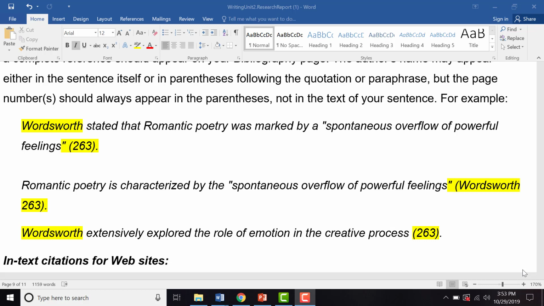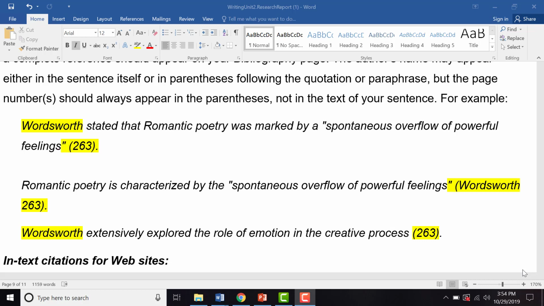So I can include the author's last name in the actual text of my sentence, like in this first example. Wordsworth stated that romantic poetry was marked by a spontaneous overflow of powerful feelings, with my page number in parentheses at the end. Notice that the period is after the page number to show that that page number is grouped with the sentence before it.